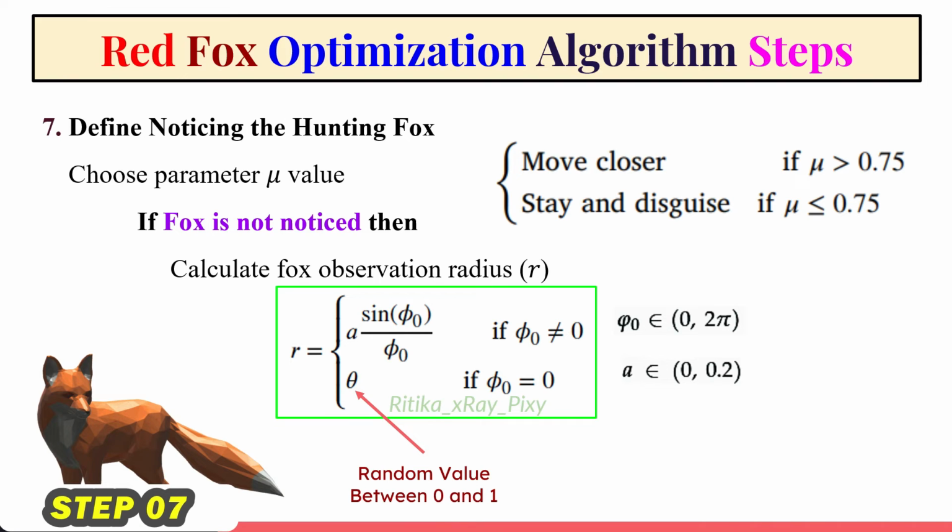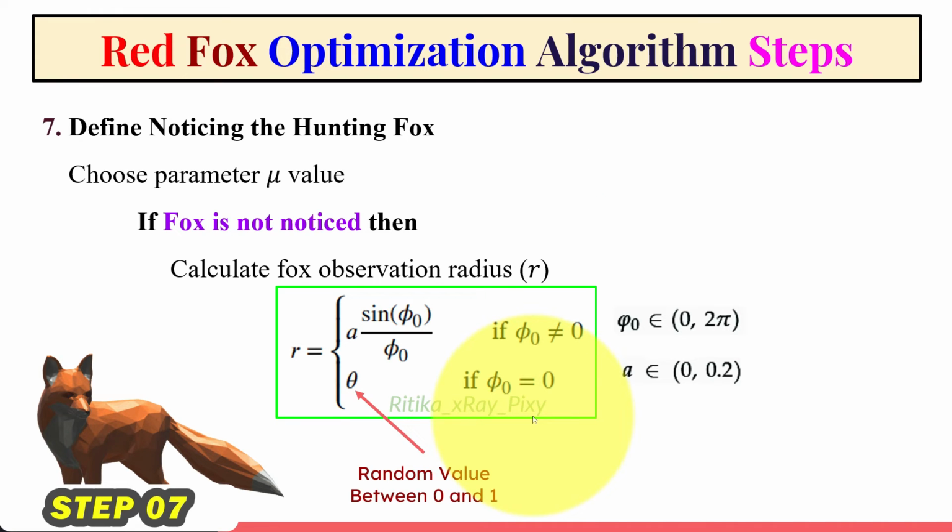This value is between 0 and 2 pi. This is selected for all individuals at the beginning of the algorithm to model the fox observation angle. So here you can see this equation, how we can define the radius of the hunting fox using this equation.